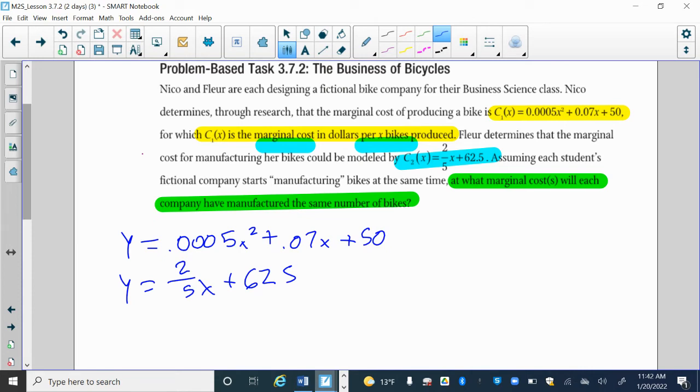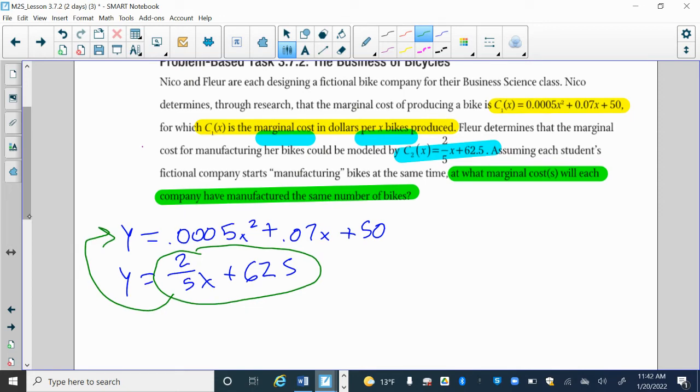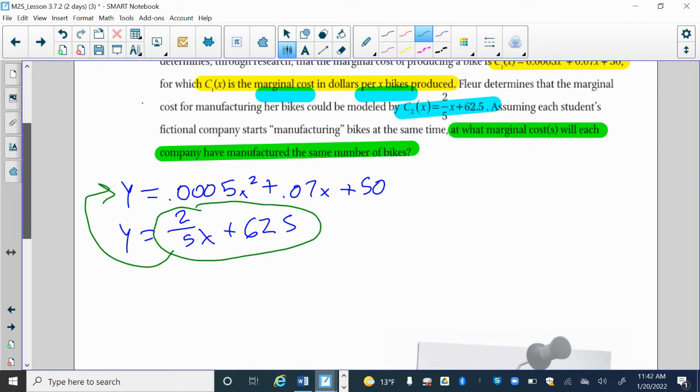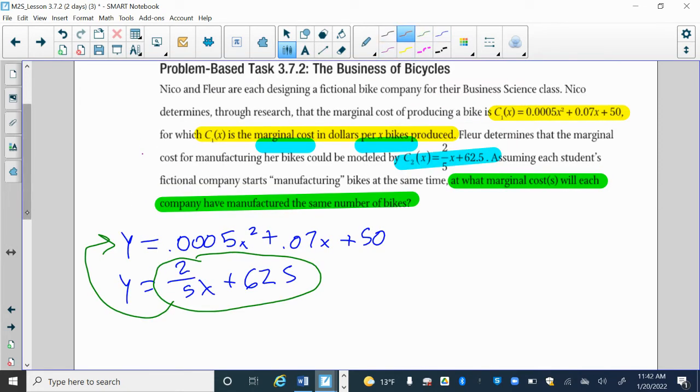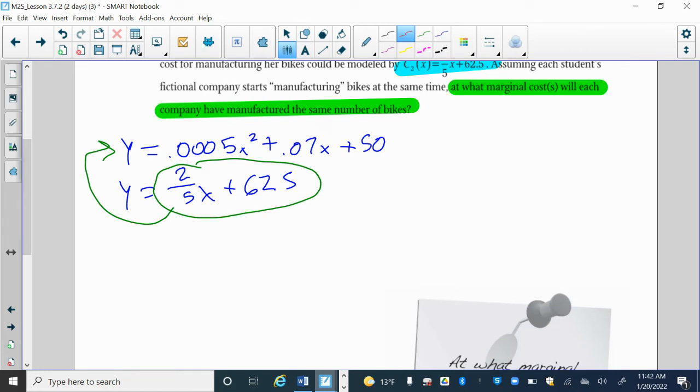Well, this is just a really messy version of the problems from yesterday, right? They're both in y equals form, so we can substitute and solve. So let's take what y equals and put in for y in the other equation. It's going to look really messy, okay? It's going to be messy algebra, but it is the same process.